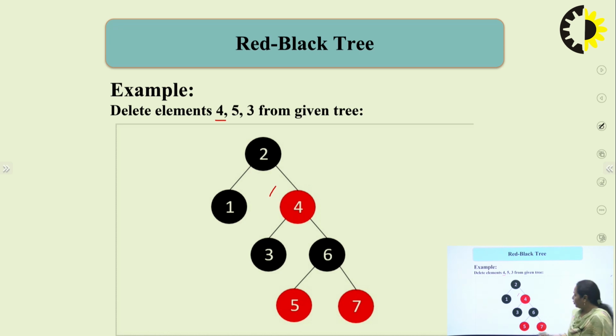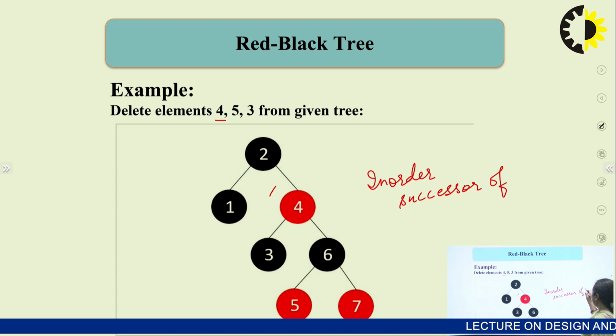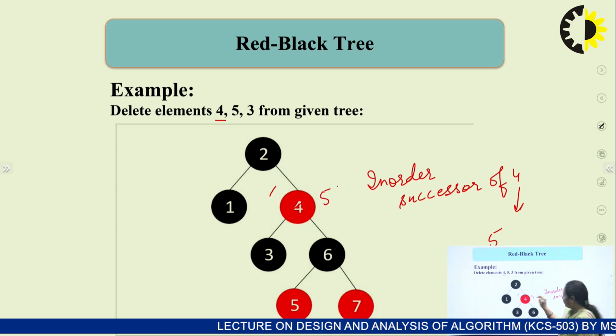So what we will do? First of all, we calculate the in-order successor of 4. That is 5. Now replace 4 with 5. And now delete this 5.